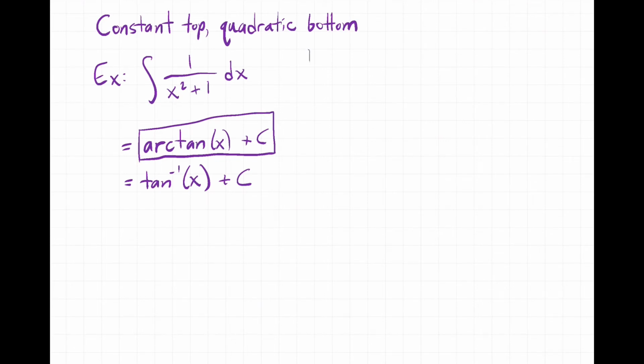So, what happens if we want a slightly more complicated one? Let's find the integral of 1 over x squared plus 9 dx. Well, it turns out we can solve this one by a fairly simple trigonometric substitution. I'm not going to go through all the details of that because I want you to try it for yourself.